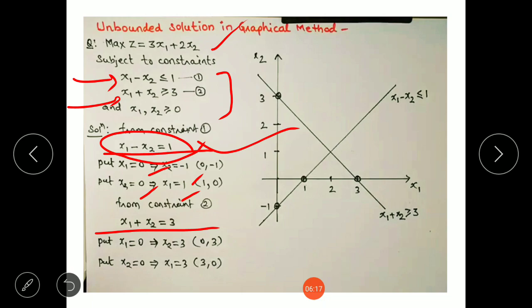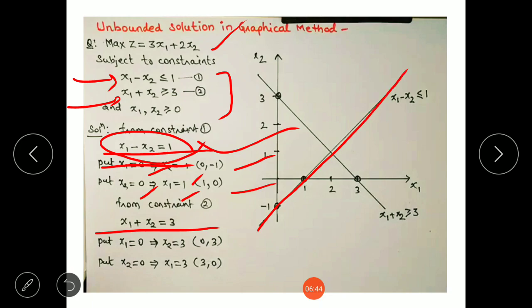After putting this, we got two sets of points, that is (0, -1) and (1, 0) for x1, x2 for the line x1 minus x2 is equal to 1. So plotting these points on the graph, we get the line for x1 minus x2 is equal to 1, which is this line.